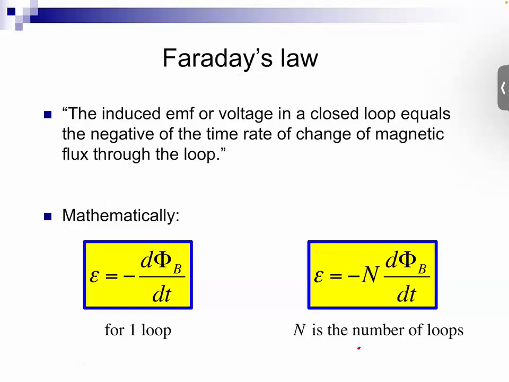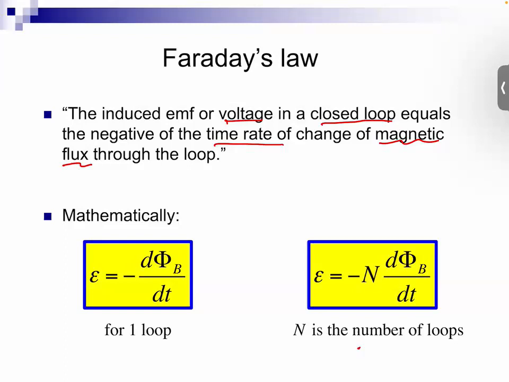So Faraday's law says that the induced voltage, or the voltage that's created in the closed loop, is equal to the negative of the time rate of change of the magnetic flux through the loop. So you have there the magnetic flux being involved.